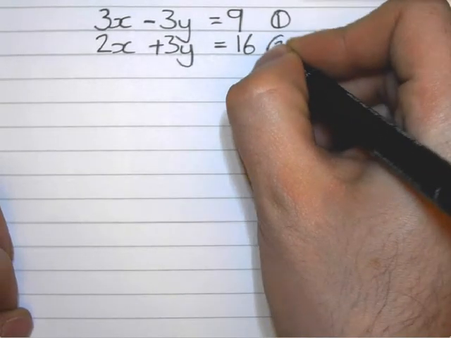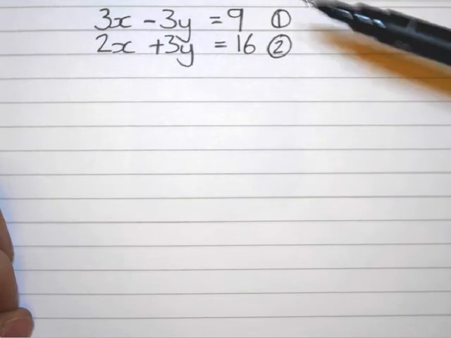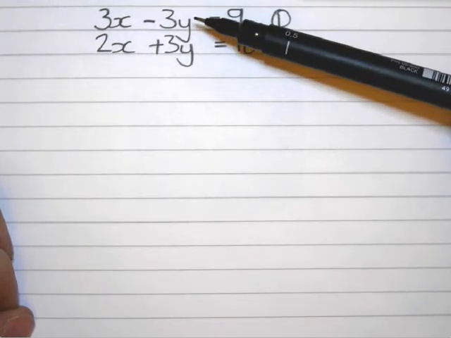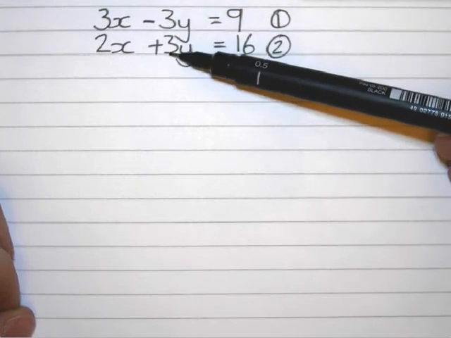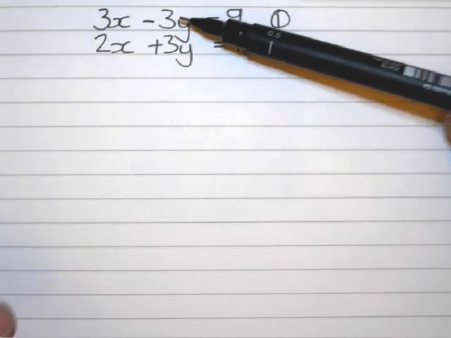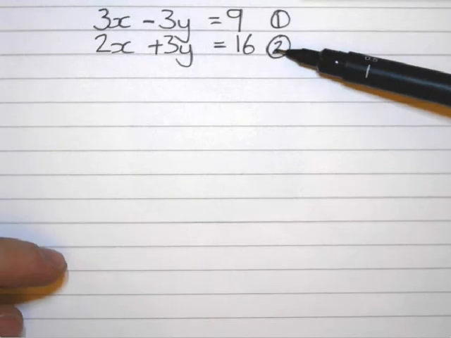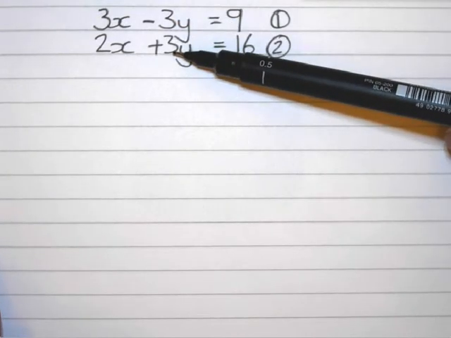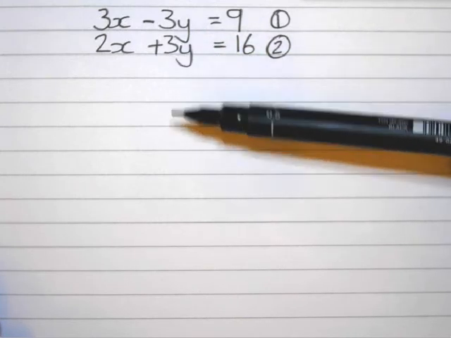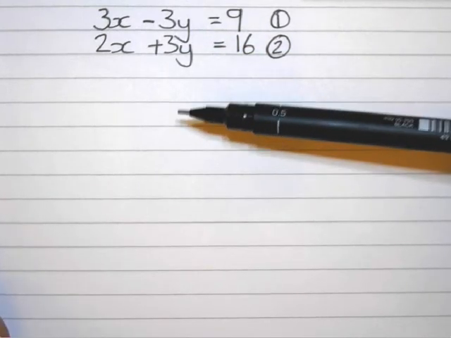That's how we should always start. Now, if we look this time, because we've got minus 3y and plus 3y, if we did equation 1 take away equation 2, minus 3y take away 3y would give us minus 6y, so it's not cancelled them out.